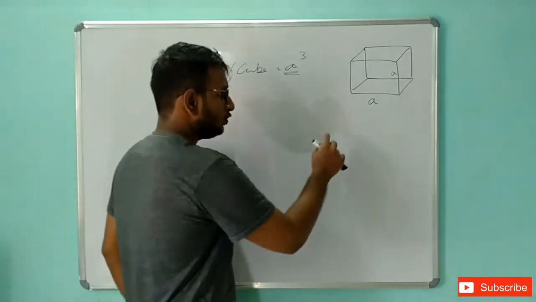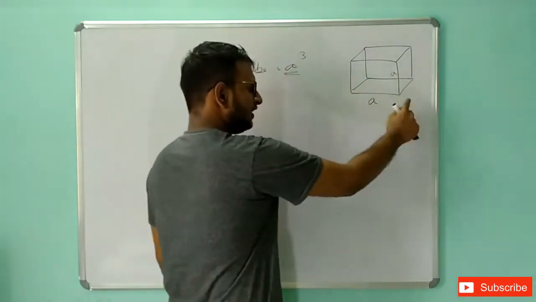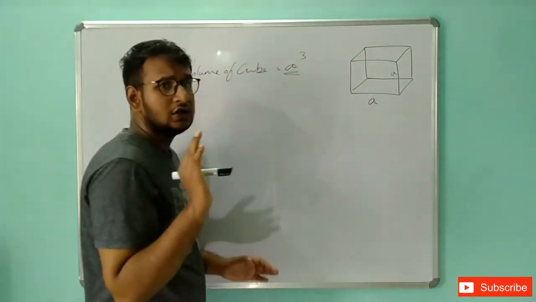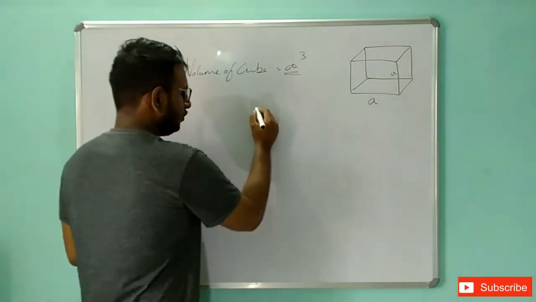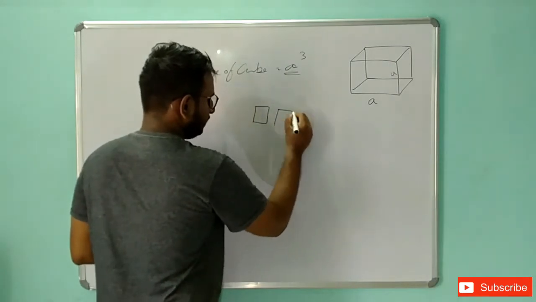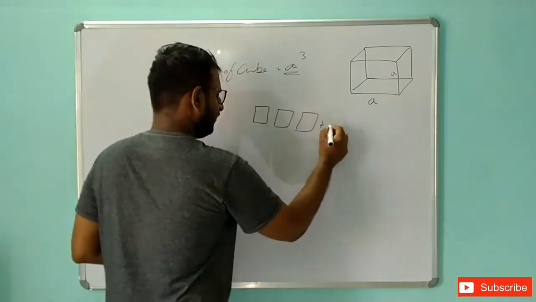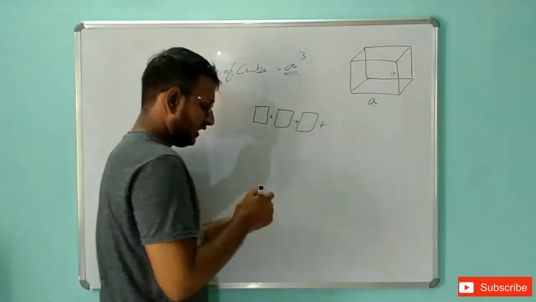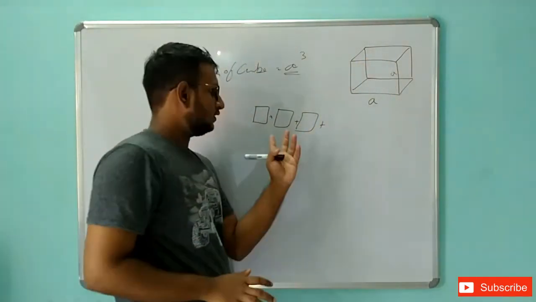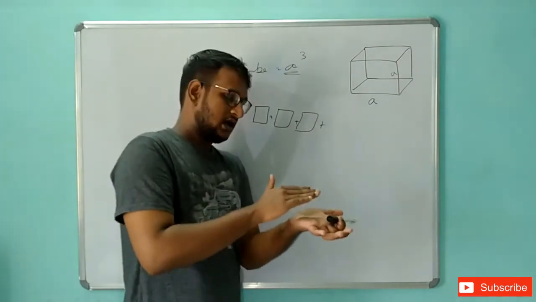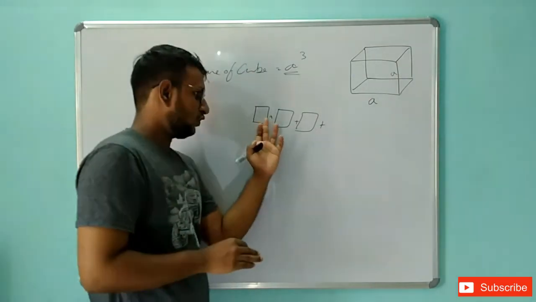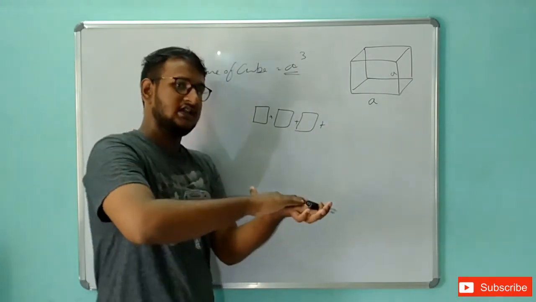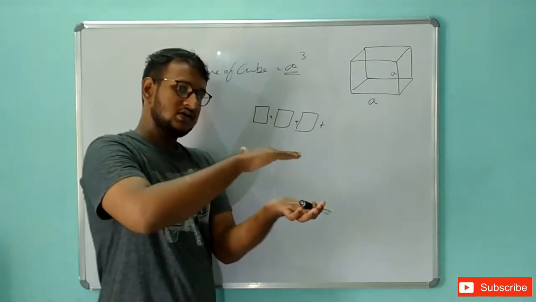Now I am going to cut this cube into an infinite number of small squares, like this, like this, infinite numbers. And I am going to join these squares. I am going to place one square above the other, two-dimensional squares, one above the other.